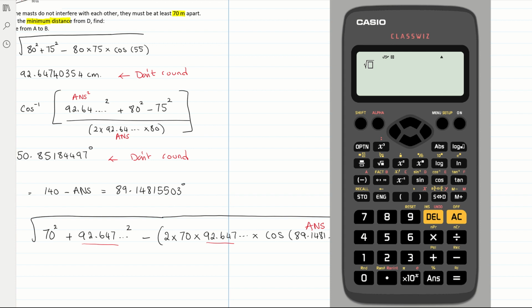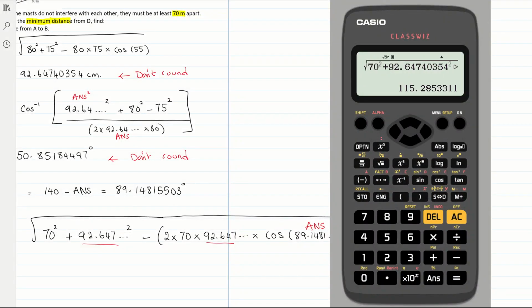So square root of 70 squared plus 92.64740354 squared minus 2 times 70 times 92.64740354 times cos answer.